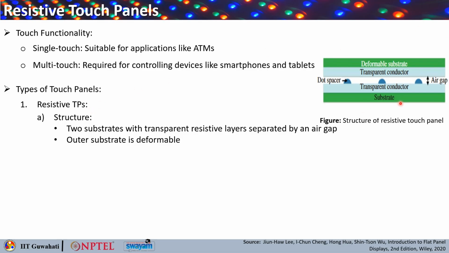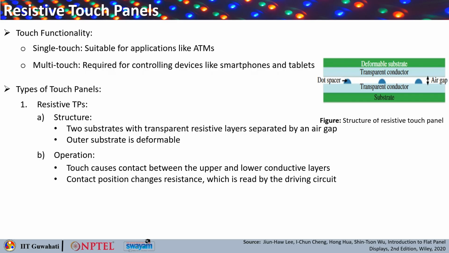Here is the structure of the resistive touch panel. There are basically two substrates, one at the bottom, one on the top. They both have transparent resistive layers, which are basically transparent conductors separated by an air gap, and you can see the outer substrate is deformable. How does it work? There are some dot spacers which maintain this gap.